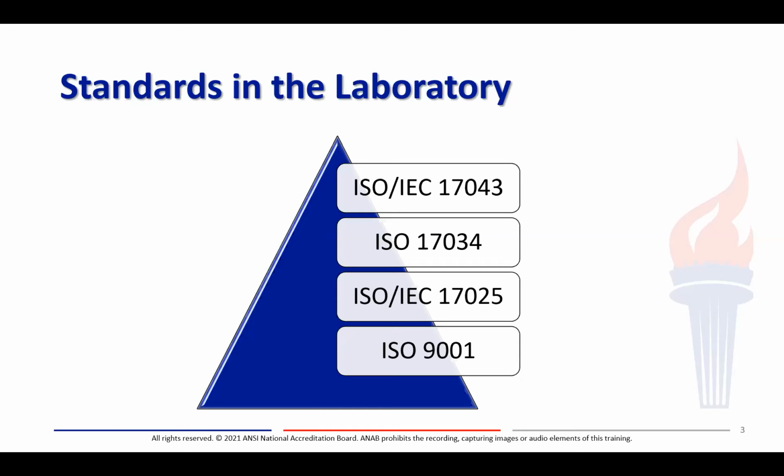Other technical standards include ISO 17034 for reference material producers and ISO IEC 17043 for proficiency test providers. These are only a few of the numerous standards that organizations can use to develop, implement, and maintain their management system. There are others, including ISO 14001 for environmental management systems and ISO 18001 for occupational health and safety, just to name a couple.